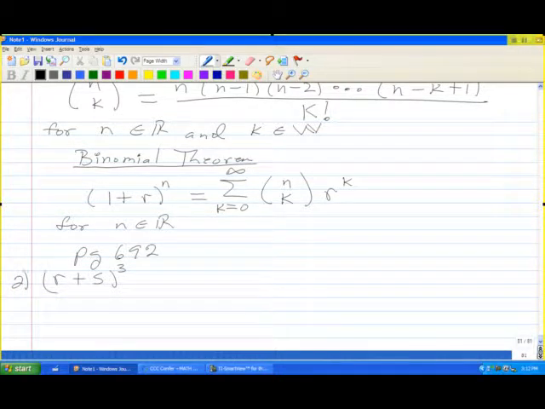In this case, I want to use Pascal's triangle to calculate this. In exercises 1 through 8, use Pascal's triangle to expand the binomial. So we want to go up to cubed. So let's do the Pascal's triangle.